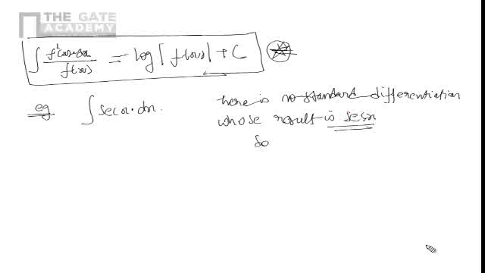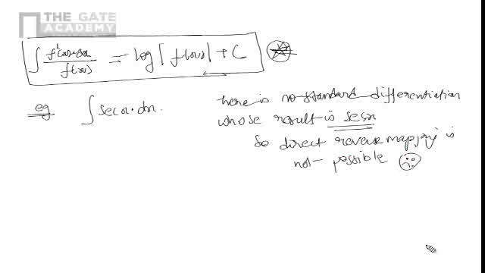So direct reverse mapping is not possible. But we can find a way out. What is the way out? Yes, we are going to do some simplification here.